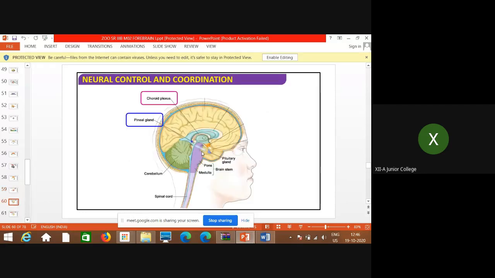At first the role of the pineal gland was not known, but later on it was observed. Here again you can see the pineal gland, a very small dot-like structure, at the posterior part of the epithalamus, and the anterior part is the choroid plexus.